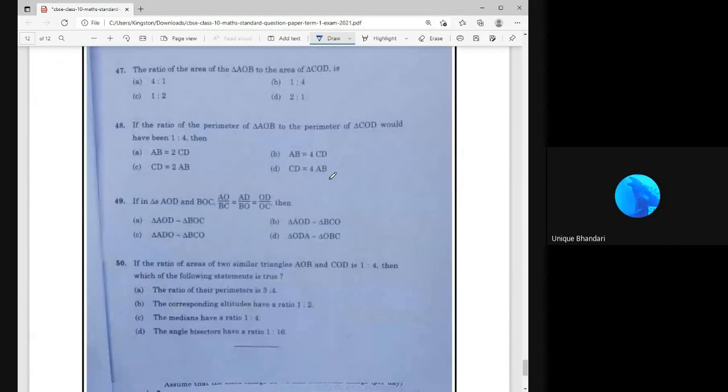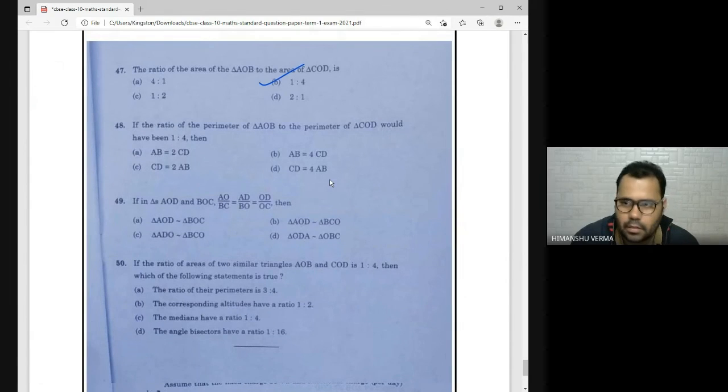47. Option B. Yes, B is correct. 48. What about 48?